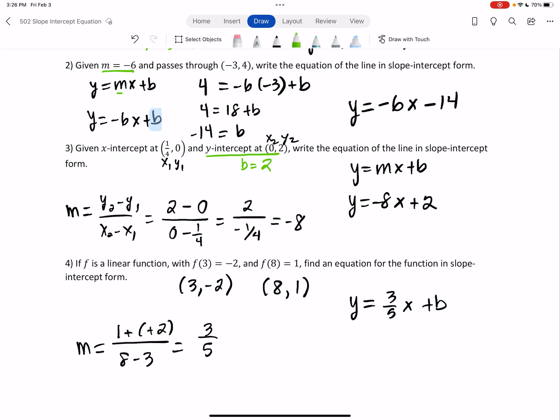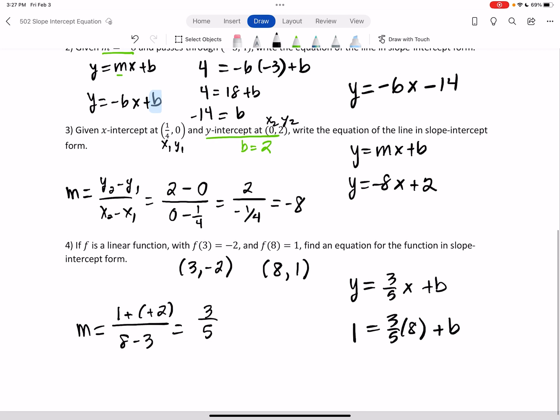Again, neither of these points is the y-intercept, because we don't know what happens when x is 0. So I can plug either of those points in for y and x and solve for b. I'm going to use the second one because it doesn't have any negative numbers in it. So x is 8, so I'm plugging 8 in for x. Y is 1, I'm plugging 1 in for y, and I'm going to solve for b. 1 equals 24/5 plus b.